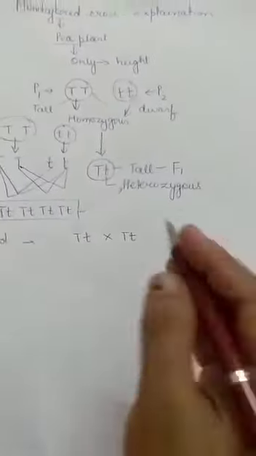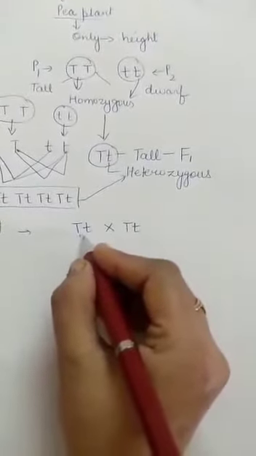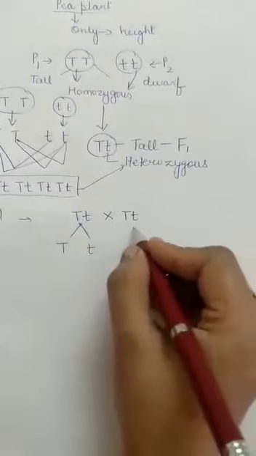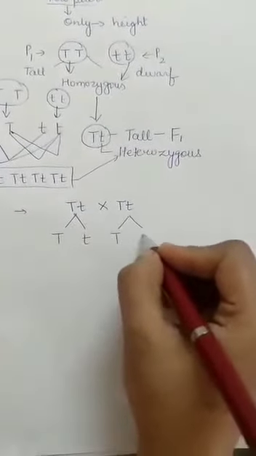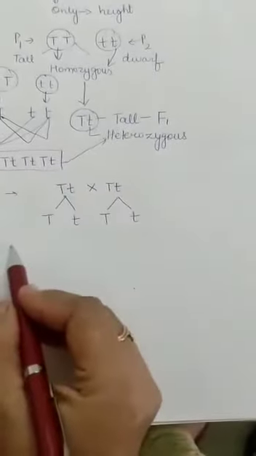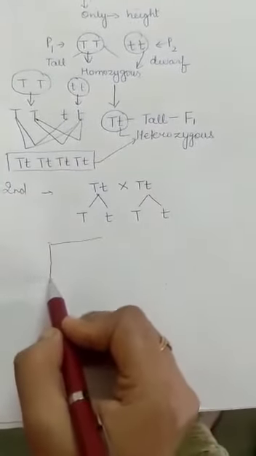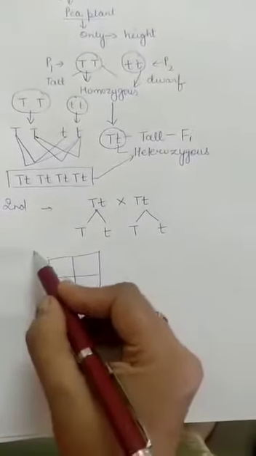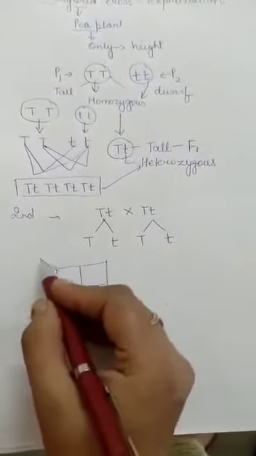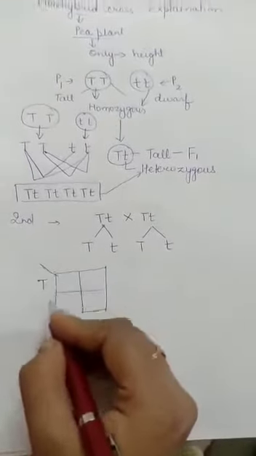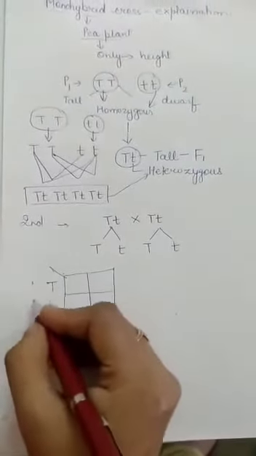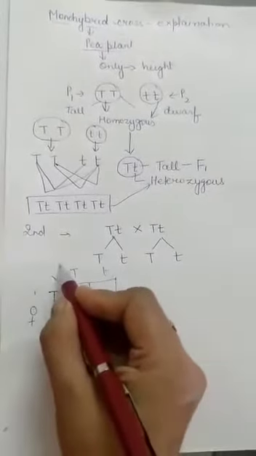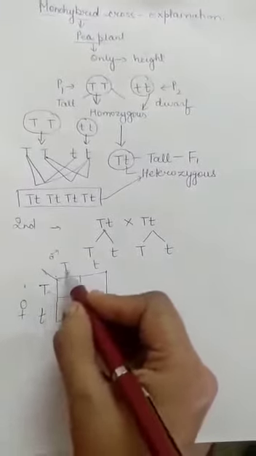As explained previously, each will produce two gametes, capital T and small t. When the possibilities were checked, how many different possibilities are there? Let's see. Let's take male gametes here, female gametes here, and deduce a cross between the two.